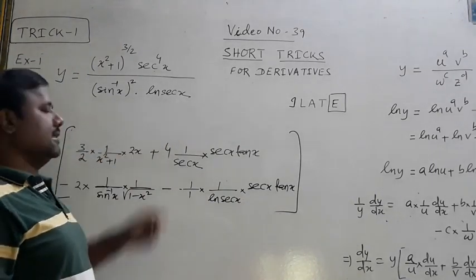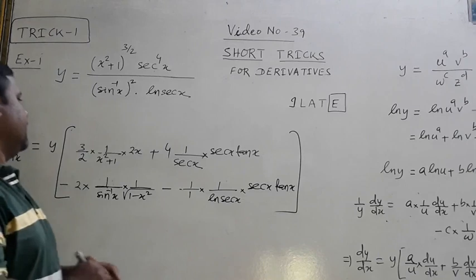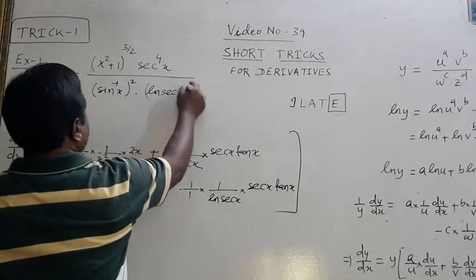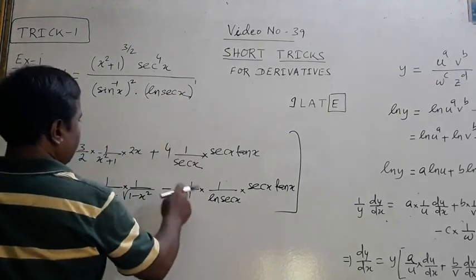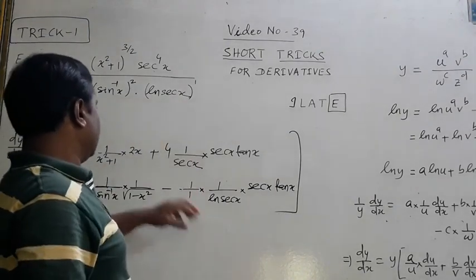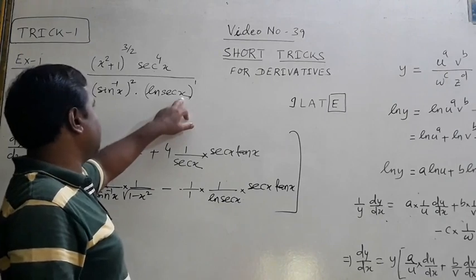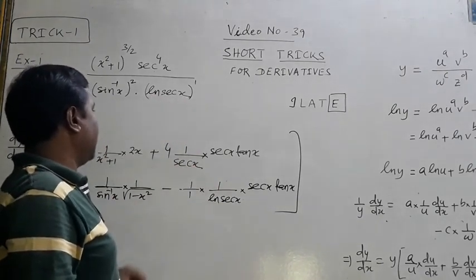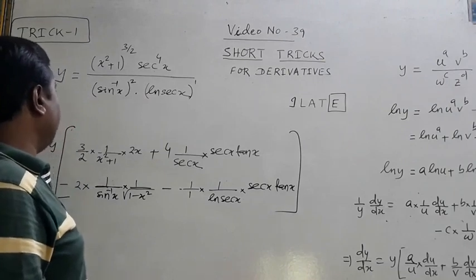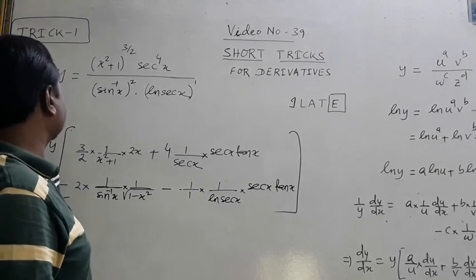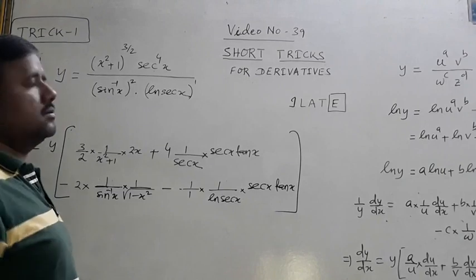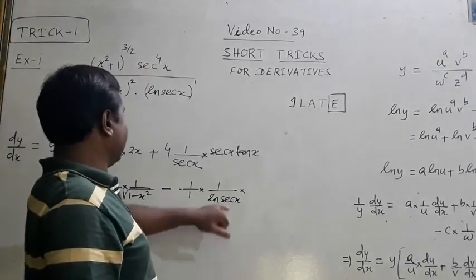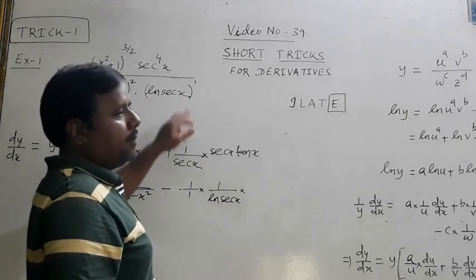Then ln sec x, what will happen? This is minus 1 by, what is its power? Its power is 1. So 1 into 1 by this part, 1 by ln sec x, into the derivative of ln sec x.